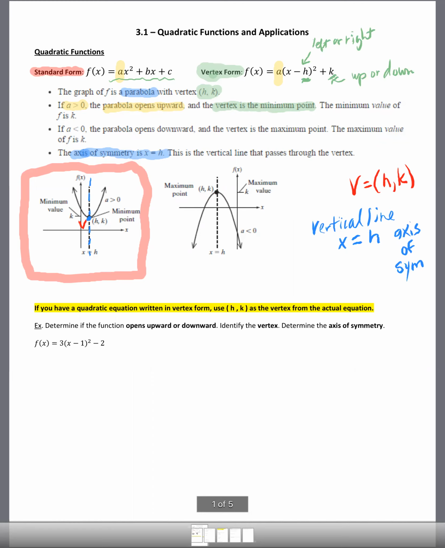Let me go back up here real quick and let's talk about what happens if a is going to be less than 0. That means that a is now negative. That means that the parabola has now faced downward. And now we happen to have what they call a maximum point.